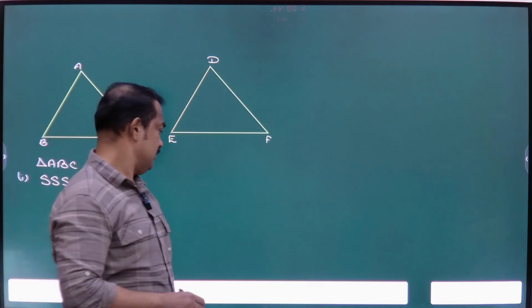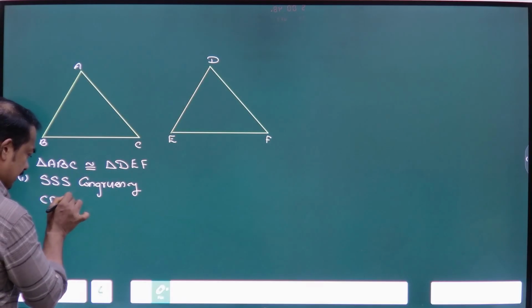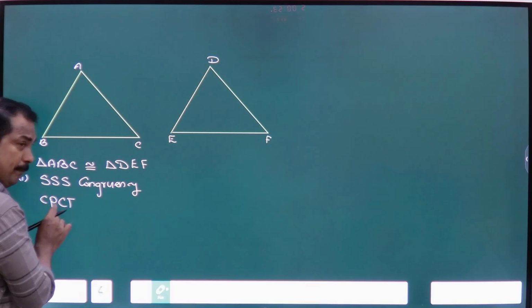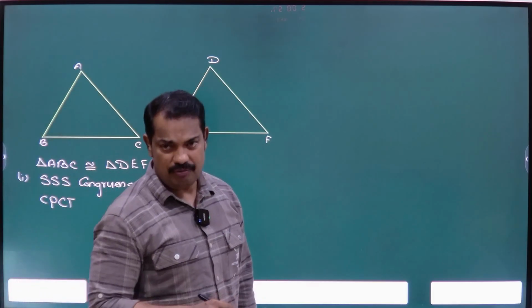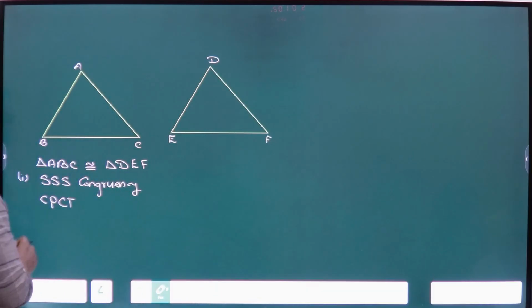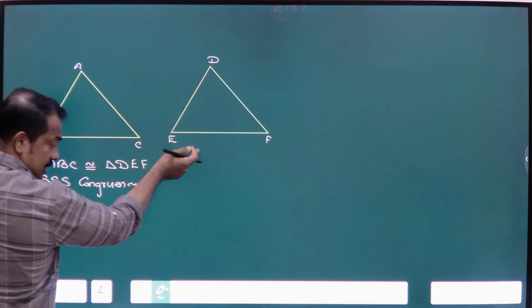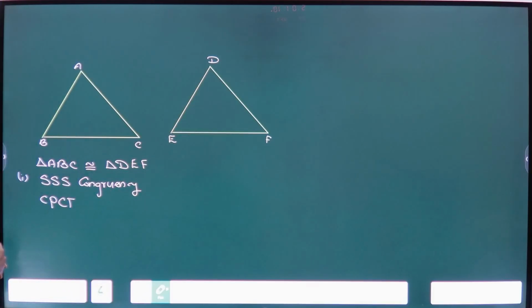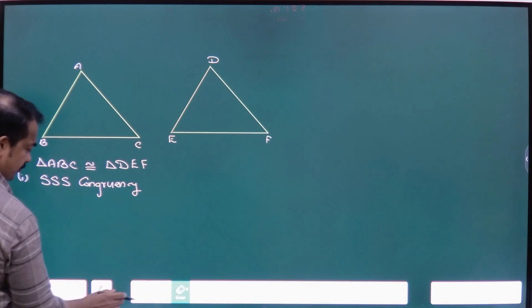What is the full form of CPCT? Corresponding parts of congruent triangles. The corresponding parts are A and D, B and E, C and F. Clear? So we can say these two triangles are congruent by using CPCT.